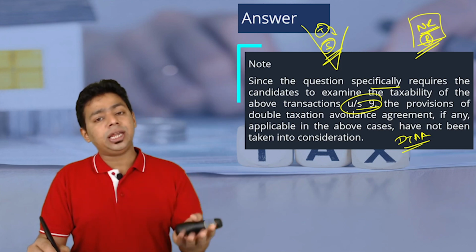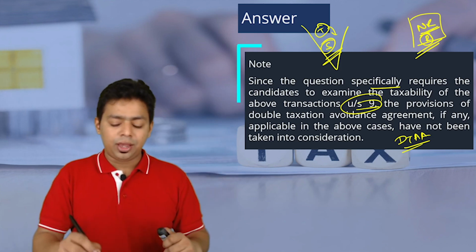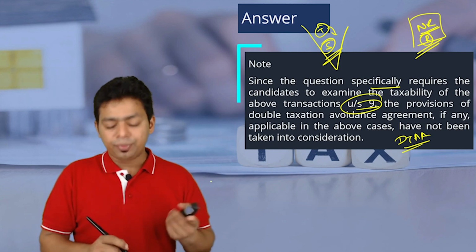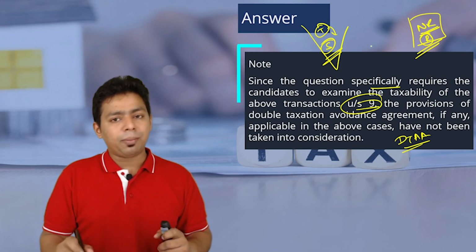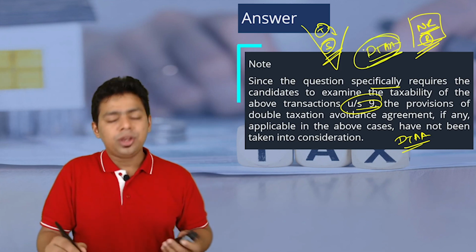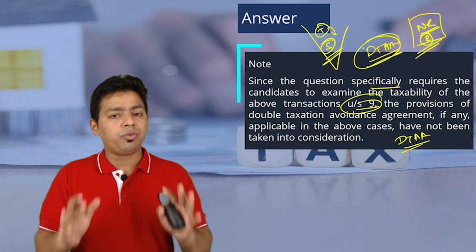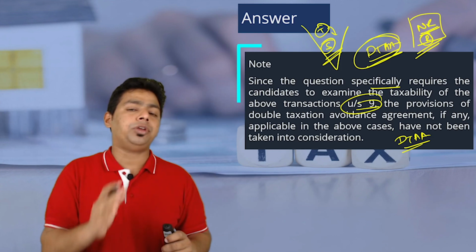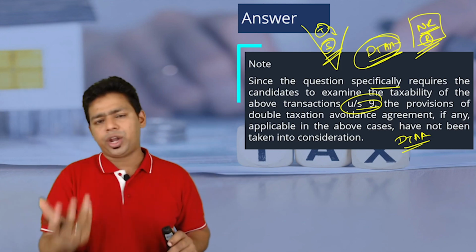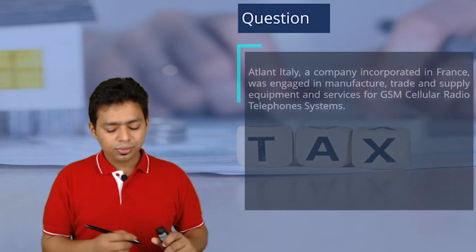Okay, a non-resident in his own country will be a resident and global income is taxable, and India is taking tax because income is accrued or deemed to accrue in India on source rule. If there is a double taxation, a DTAA agreement will take care of that particular situation. We have not referred to anything about DTAA because the question was very clear that you have to say whether the income is taxable or not taxable according to section 9. So according to section 9, everything whatever we have discussed was taxable.